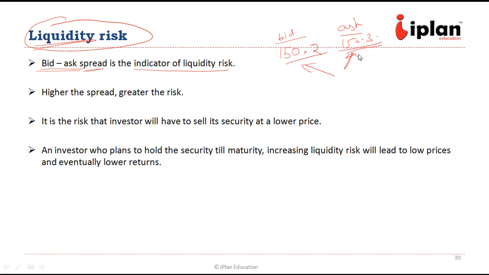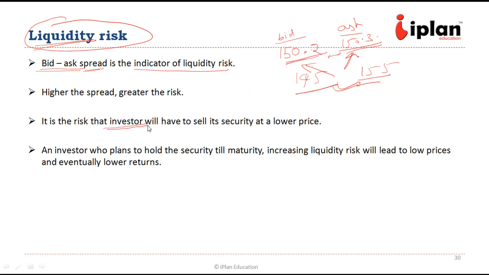So we can buy from this seller who is giving us the best price, and we can sell to this buyer who is giving us the best price. So if the spread is small, we are not losing in the transaction, but if due to illiquidity of the security the bid ask spread is very high, say 145, 155, that means we are going to lose a lot in the transaction. So higher bid ask spread is an indicator of higher liquidity risk.